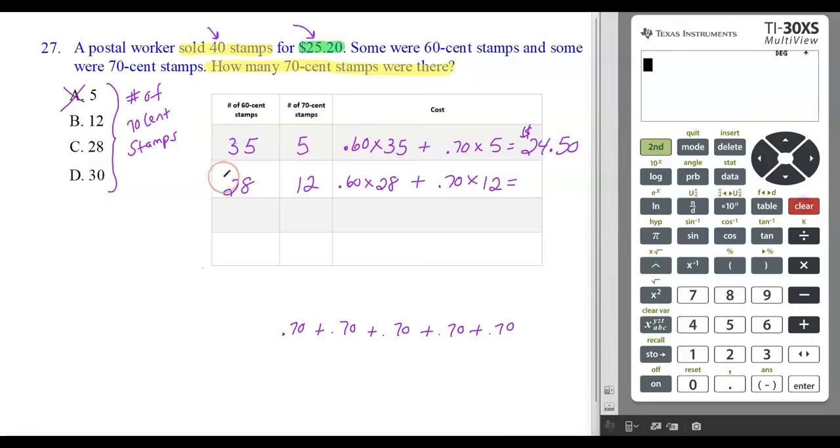Let's clear this. I'll punch this in right here. 60 cents times 28 plus 70 cents times 12. Hit enter, and we get 25.2.